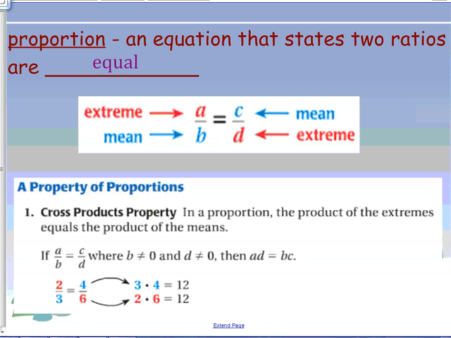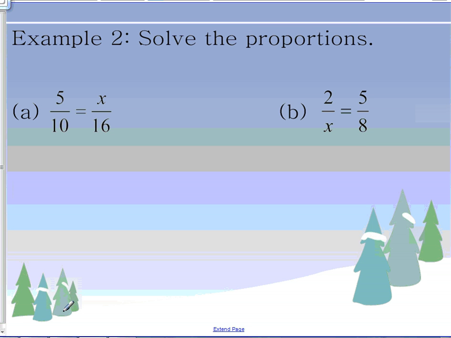Cross multiplying basically means taking, for example, 2 over 3 equals 4 over 6, and multiplying across. So we're doing 2 times 6, which is 12, and 3 times 4, which is 12, which means these two are proportional.